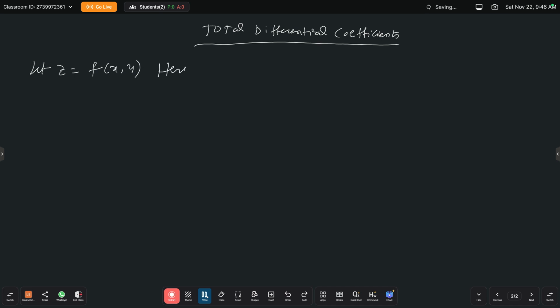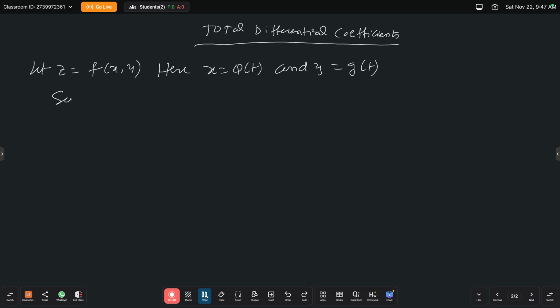So here x is equal to phi of t and y is nothing but g of t. So the function z is equal to f of x comma y, x is converted into the t variable and y is also converted into the t variable.